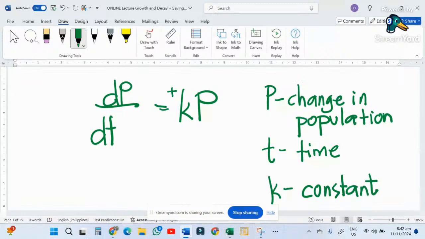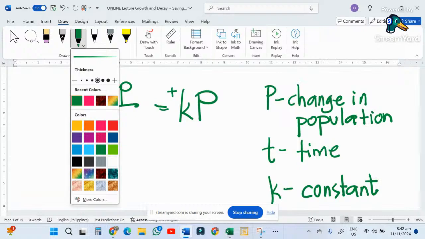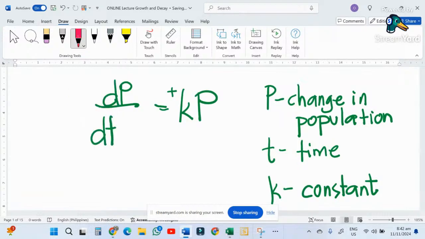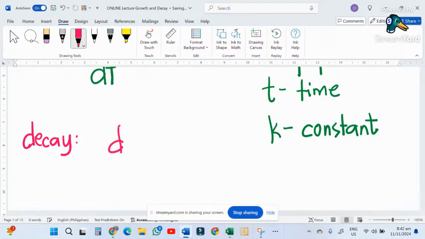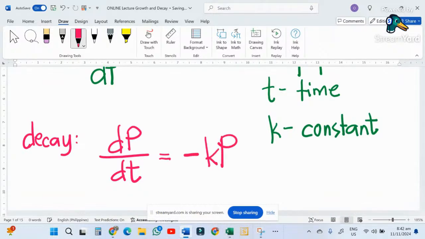Now, when it comes to decay, what will be the difference between growth and decay? For decay, I'll use the same P, dP/dt. The change of population in terms of time, or whatever variable you are trying to solve, is equal to a minus kP.